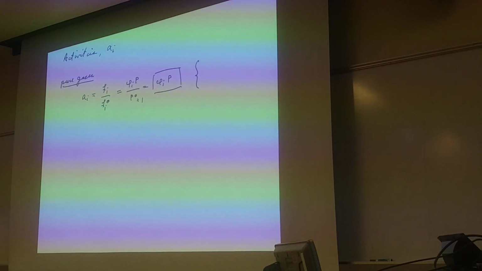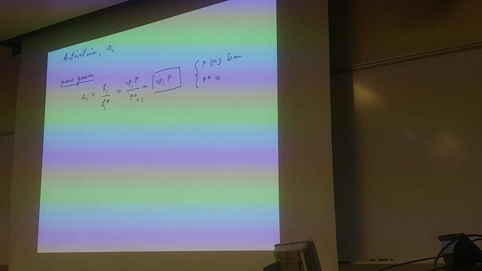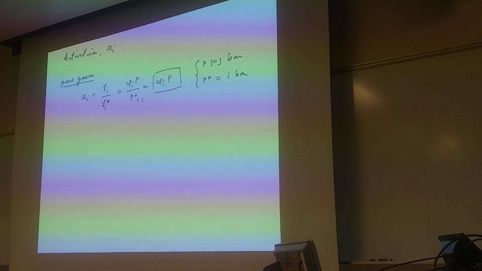So this is dimensionless, but the understanding is that P must be in units of bars for that to be right. And we have assumed here that P0, our standard state pressure, is equal to 1 bar. So that makes this the correct expression for the activity of a pure gas.